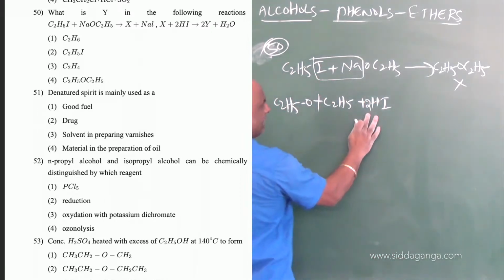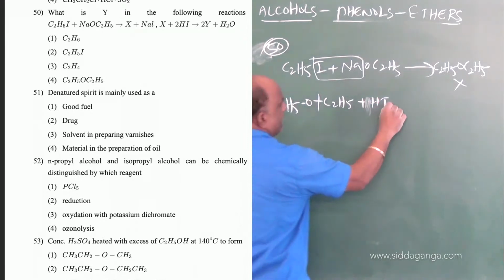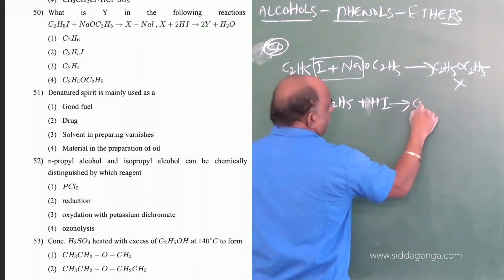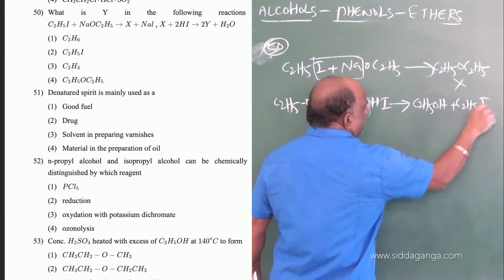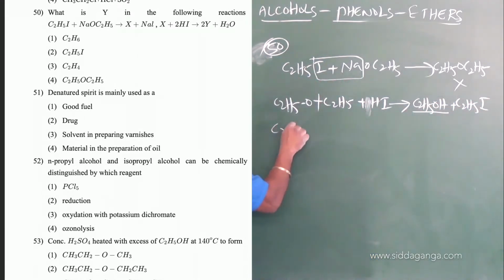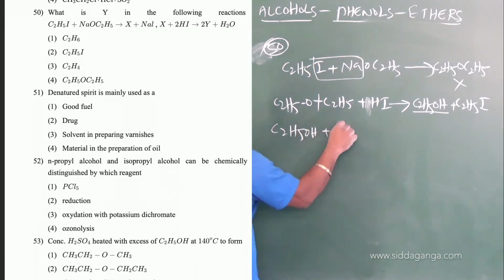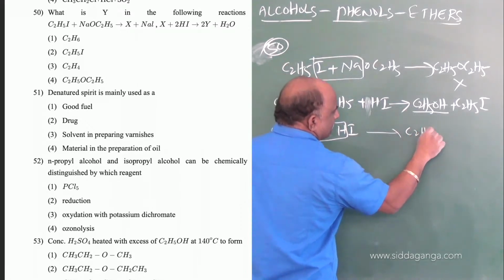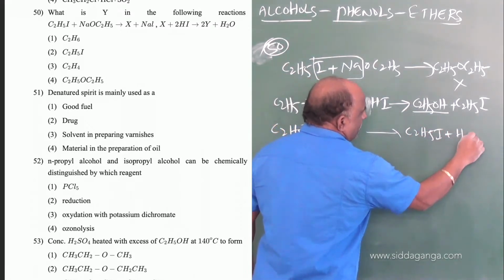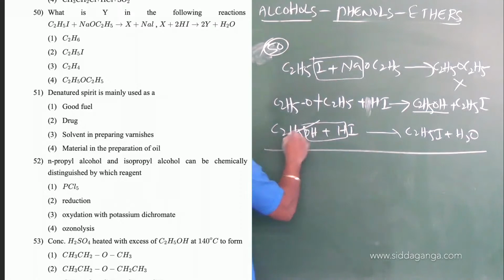Now, 2 molecules HI means first step you will get C2H5OH plus C2H5Y, and this compound again combines with one more molecule HI, eliminating water, gives rise to C2H5Y plus H2O. Addition of these two, they get cancelled.